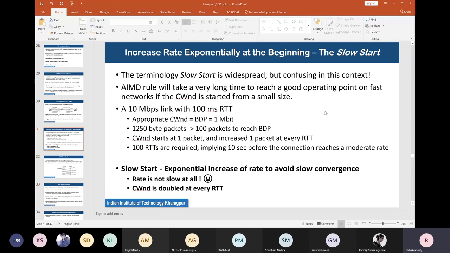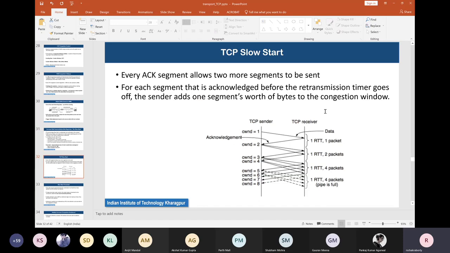Initially we will be very aggressive and use an exponential increase in rate to avoid this slow convergence problem, but we will call it slow start. This is quite peculiar. The basic mechanism is you double CWND every RTT. That's why it's exponential. Let us see how.